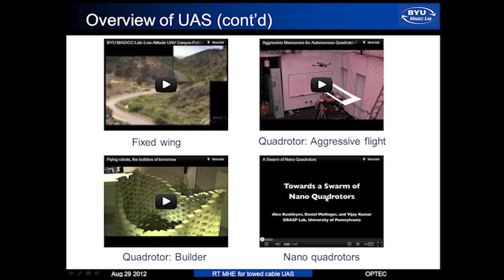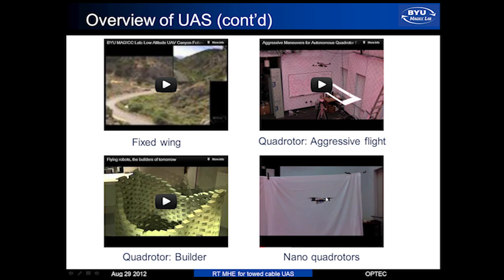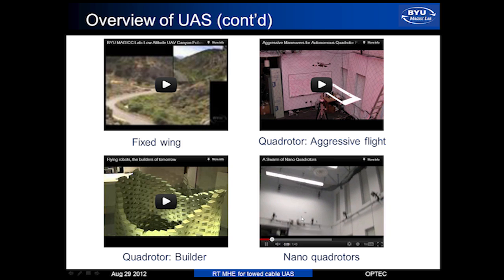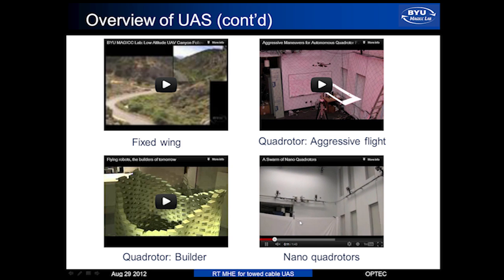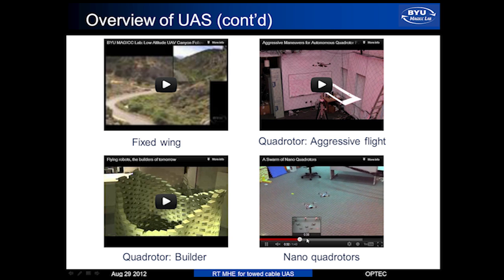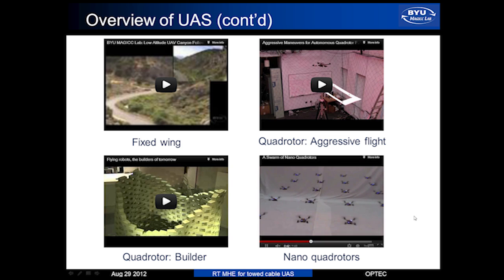The last one is nano quadrotors. They are very small, and you can throw them and launch them. They can hover in there. There they go. The most amazing thing is the formation control.